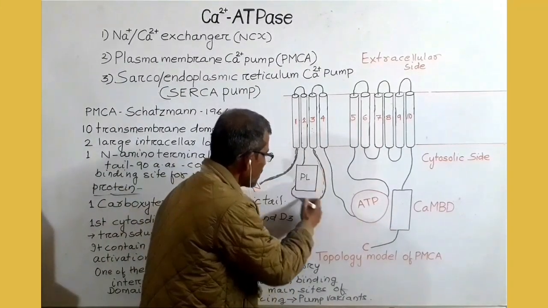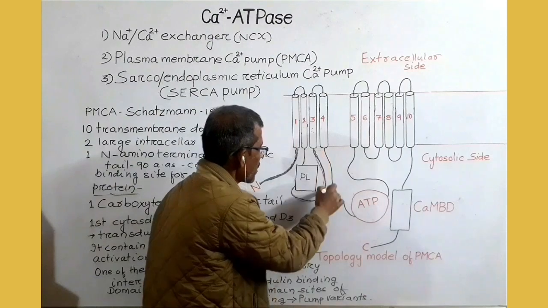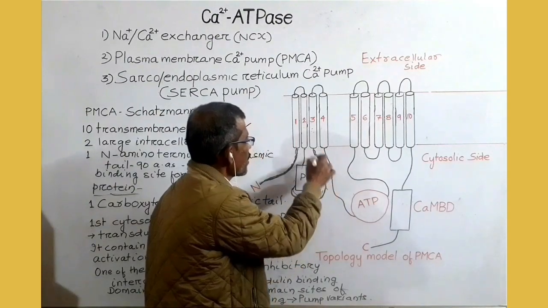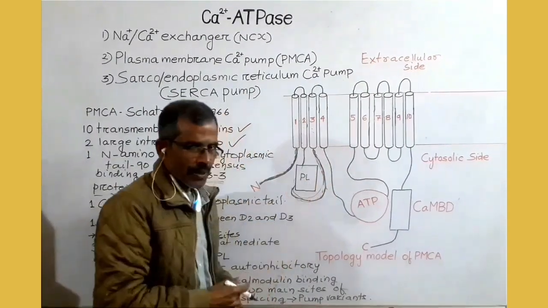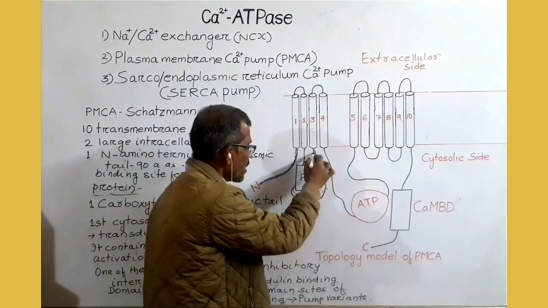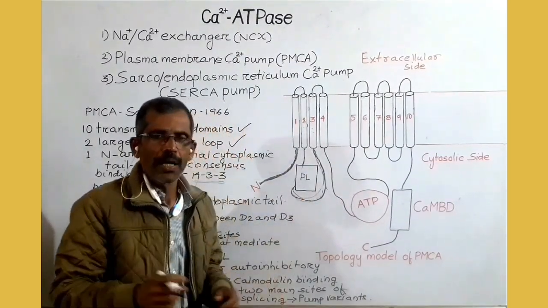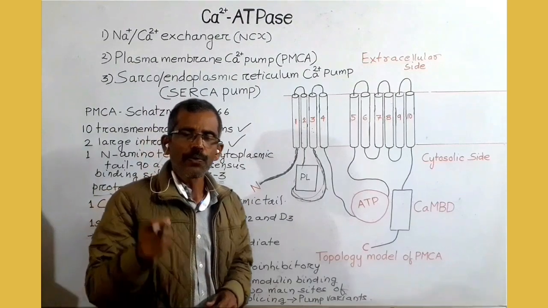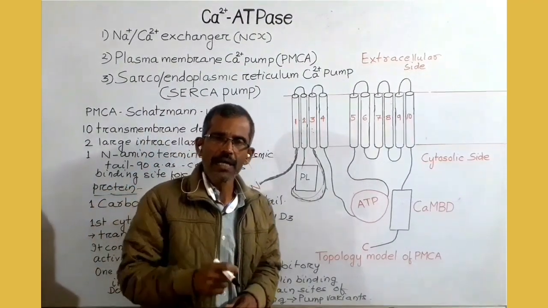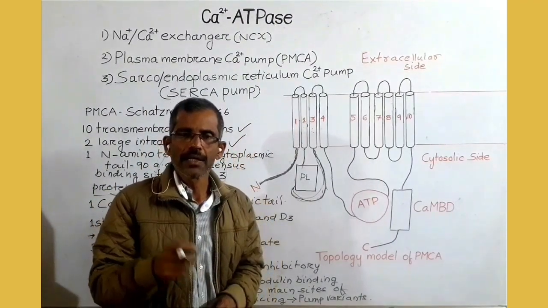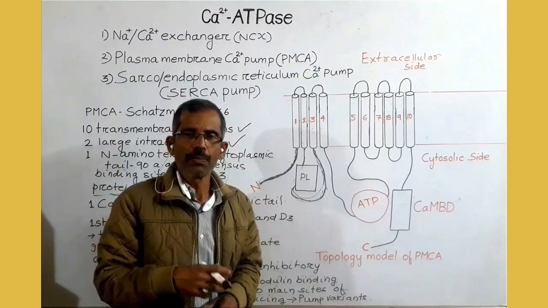This is the intracellular loop which is present between transmembrane domain 2 and 3. This loop is considered the transducer domain. This loop contains one of the two sites that mediate activation by acidic phospholipid.